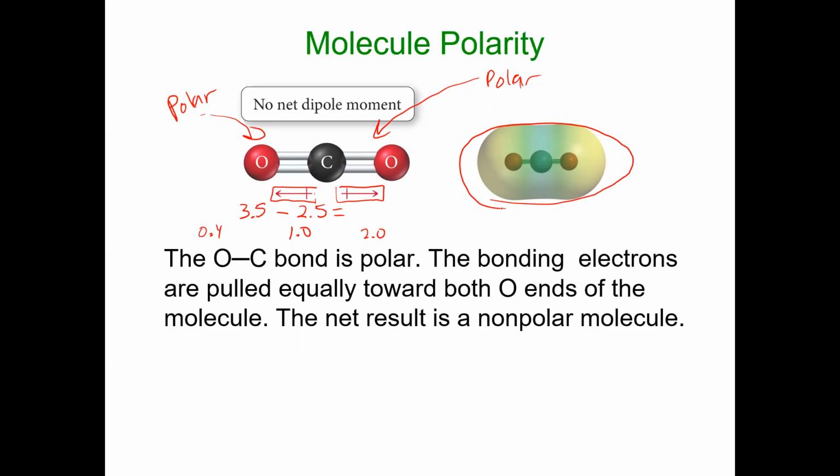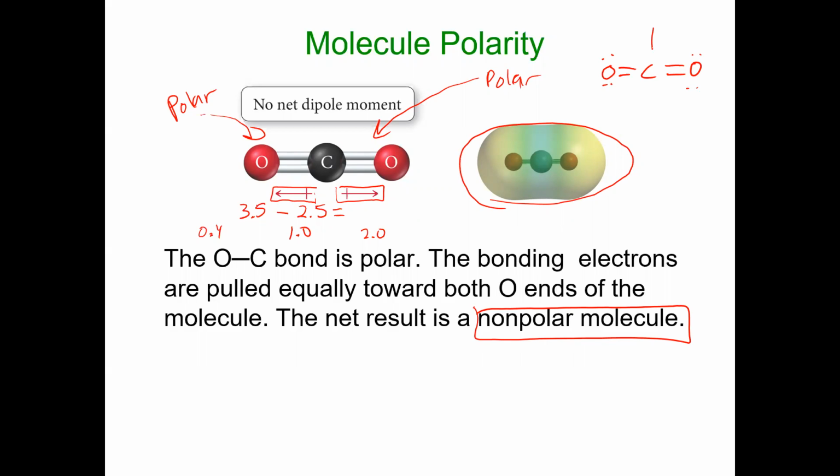Now, what does this all mean? The polar bonds' dipoles cancel out and give me a nonpolar molecule. This can be really confusing. So I just tell students, look, if you look at carbon, yeah, it has polar bonds attached to it, but both of the atoms attached to it are the same atoms.